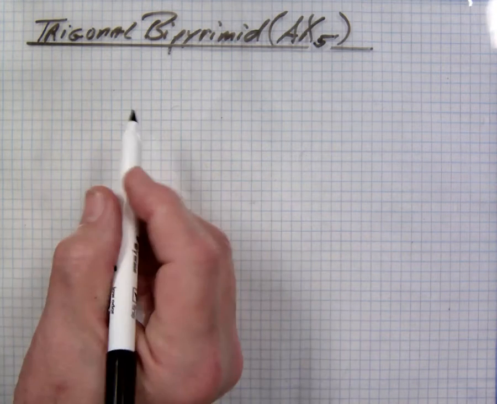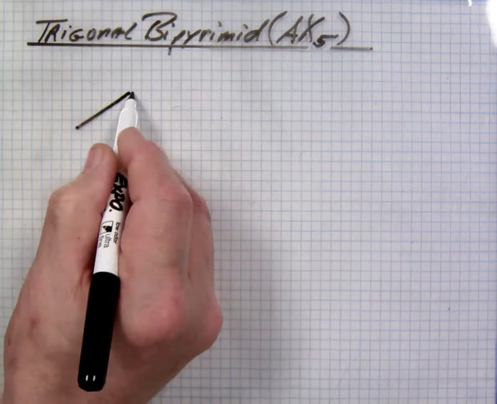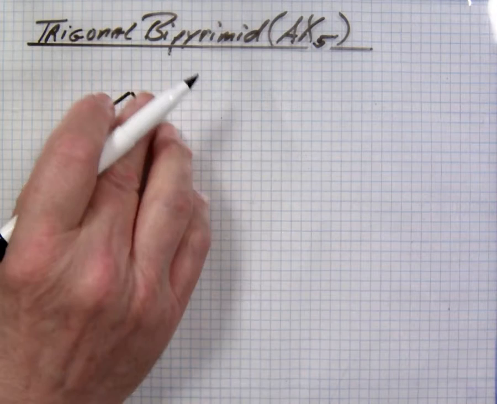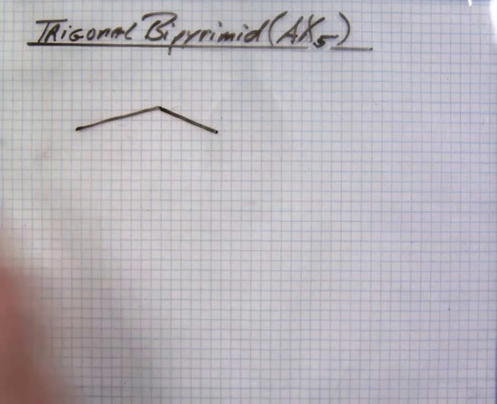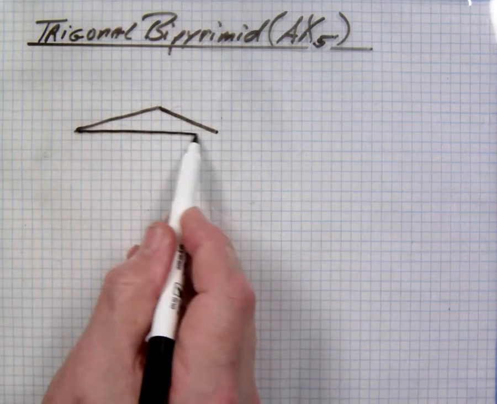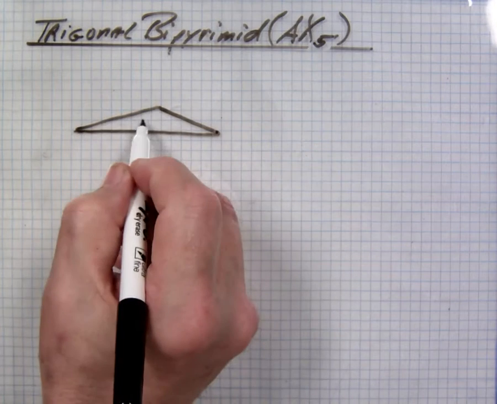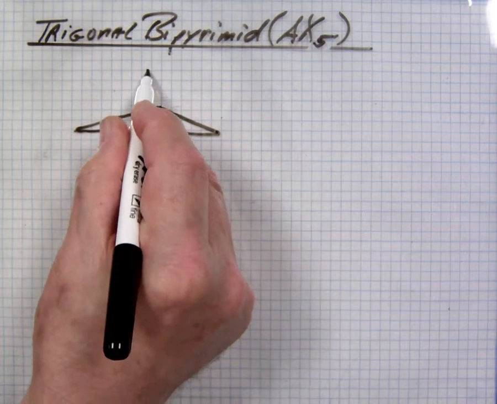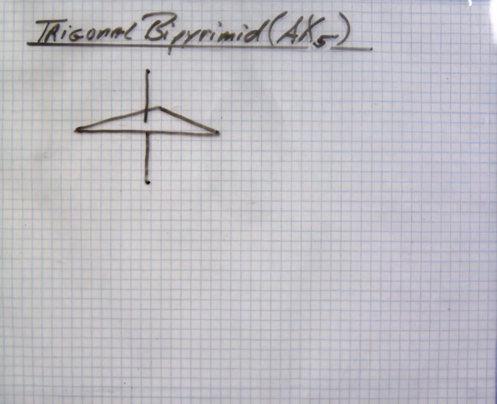A trigonal bipyramid, start out with what I call a lazy triangle. Get a little bit more angular than that. There and there. See, kind of an obtuse angle, and then bring this back to the point. Now there's a triangle right there. Go straight up out of the center here and straight down out of the center like that.